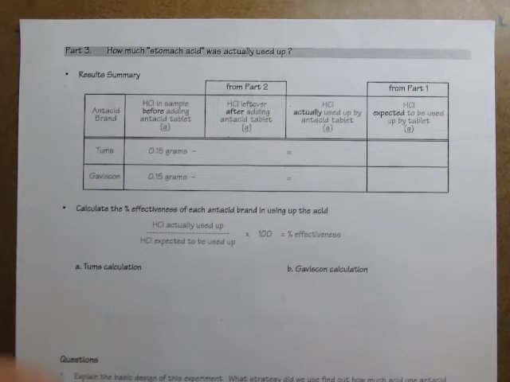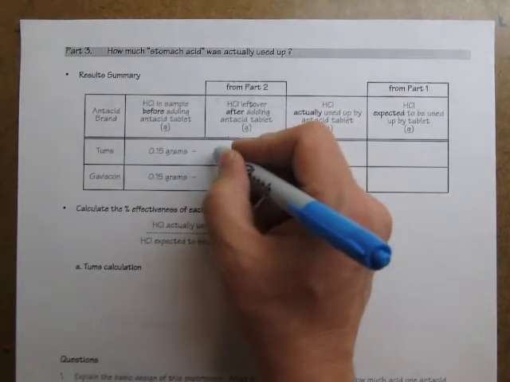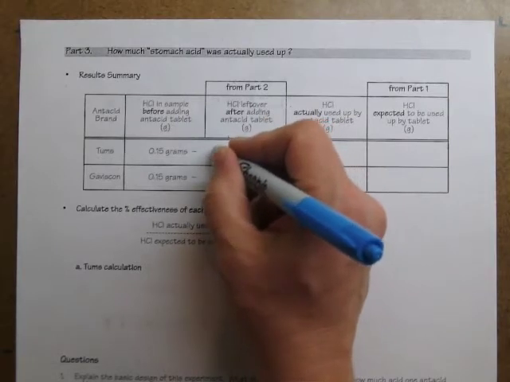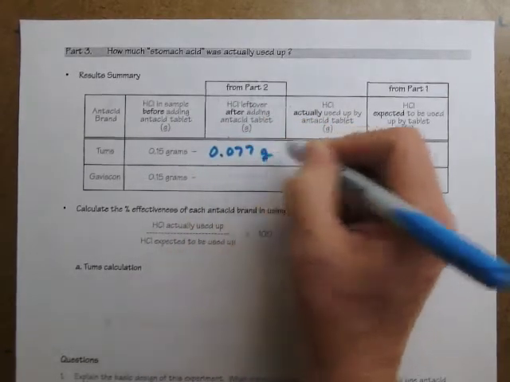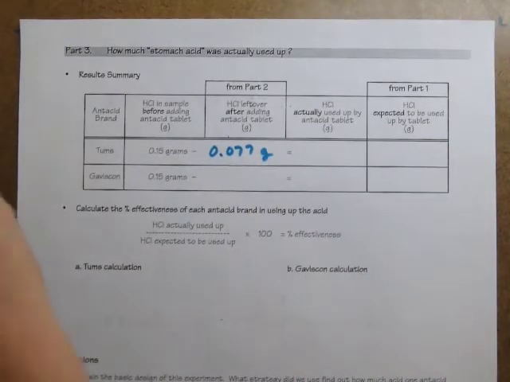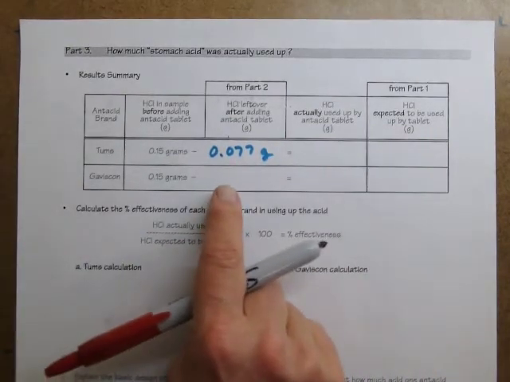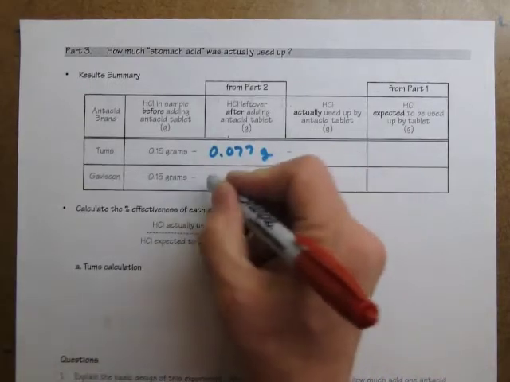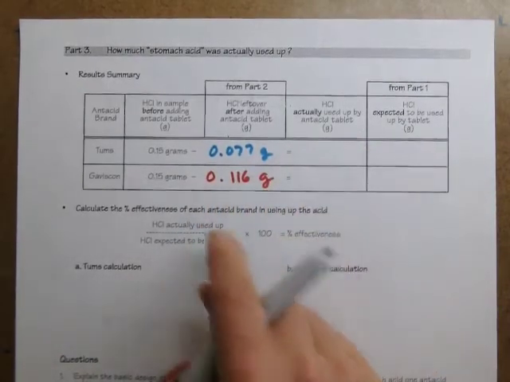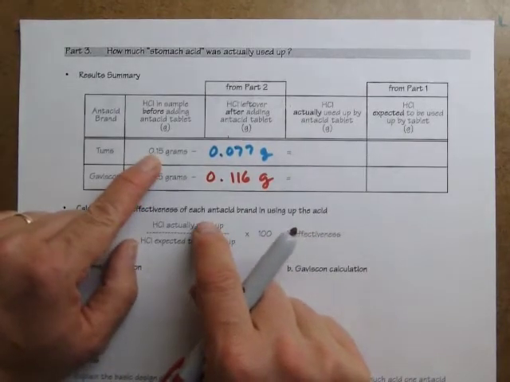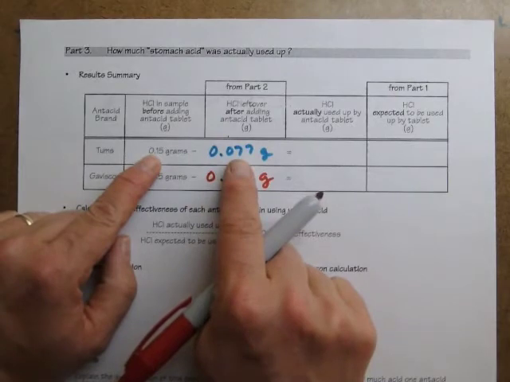And what we found was that for the Tums, the Tums only left behind 0.077 grams of acid. And the Gaviscon left behind 0.116 grams. So out of the 0.15 grams of acid that were in the sample to start, this is how much remained because the rest was used up.